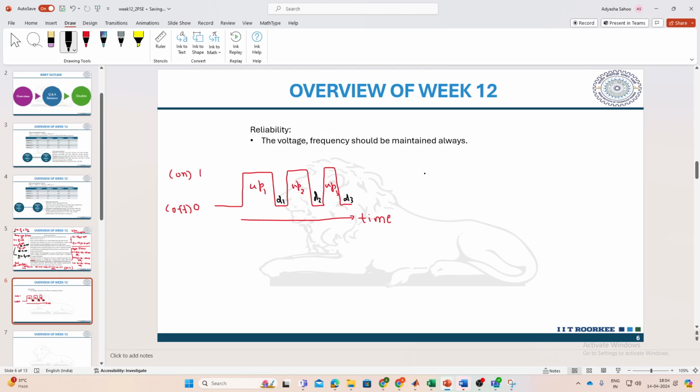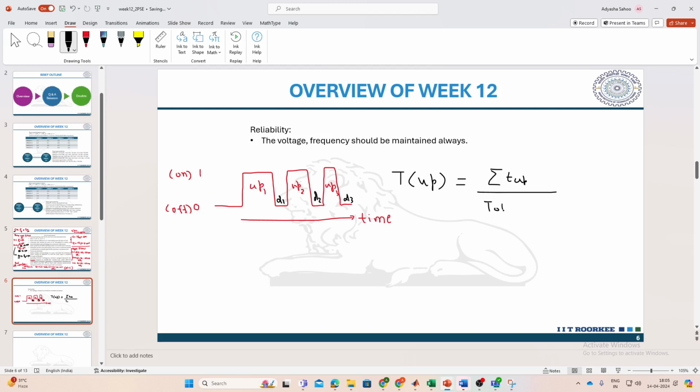The reason for your switching off may depend upon, maybe, maintenance issues; you may shut down your plant, and likewise. So basically here we calculate the total uptime as summation of these individual uptimes: your uptime 1 plus 2 plus 3 divided by the total cycle.